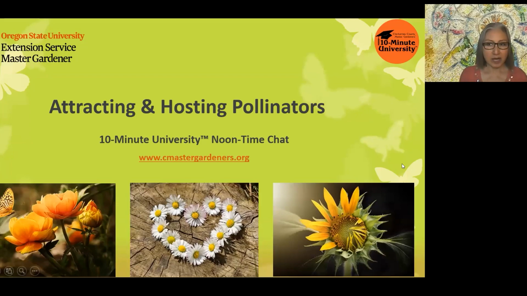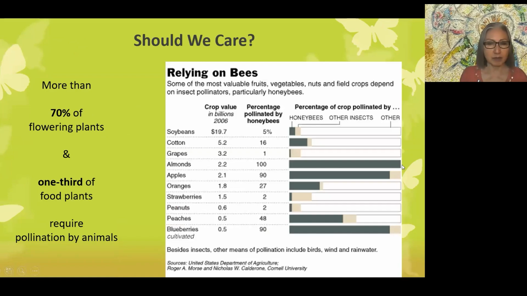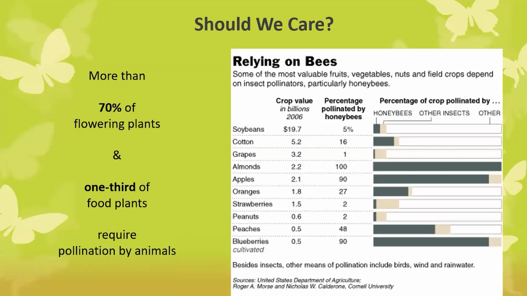Today, we're going to talk about attracting and hosting pollinators. It is essential for gardeners to know about pollinators and work for their benefit, since they play such an important role in our natural world.